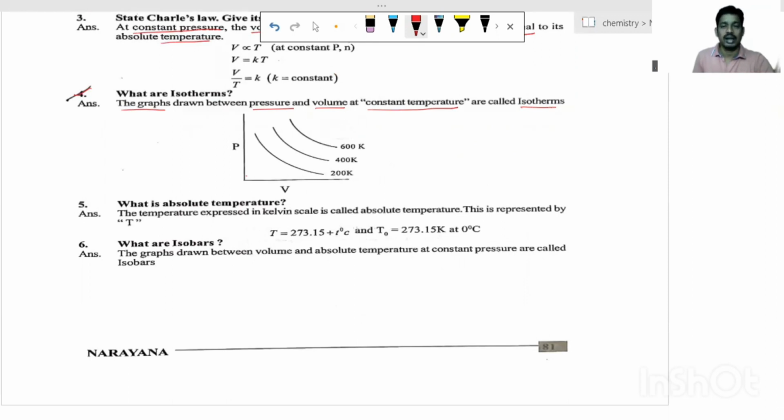So here the graph is between pressure and volume. If you plot a graph between pressure and volume, you will get lines like this at different temperatures. So this is obtained at a constant temperature.